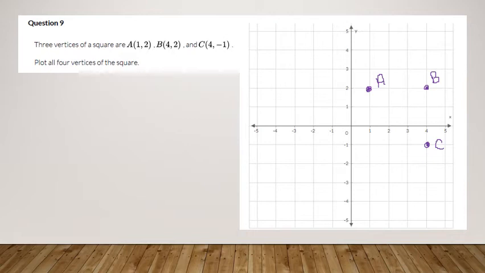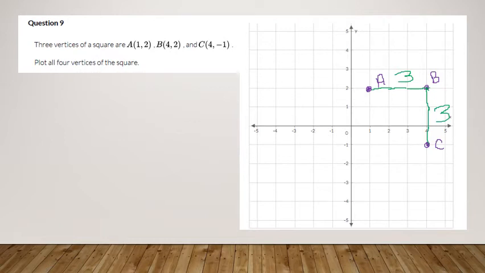Now, we know that the fourth vertex will have the same x value as one point and the same y value as another. But we can also say there's 1, 2, 3 units between these two.